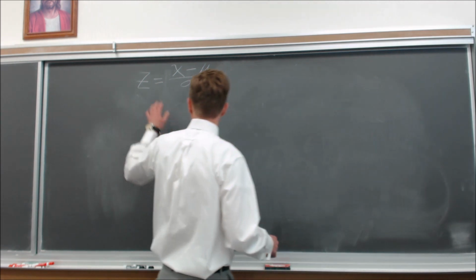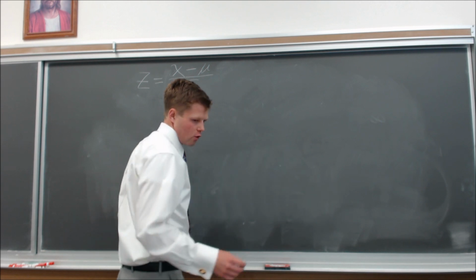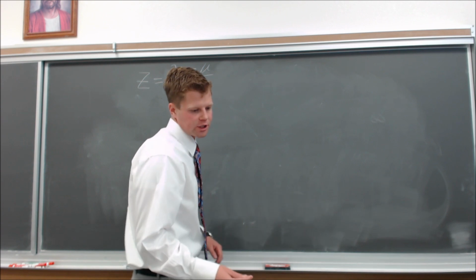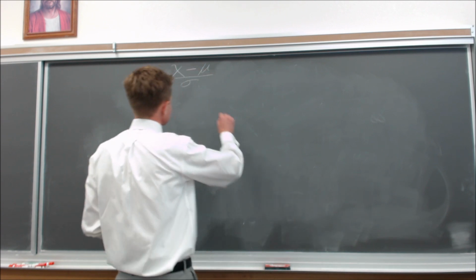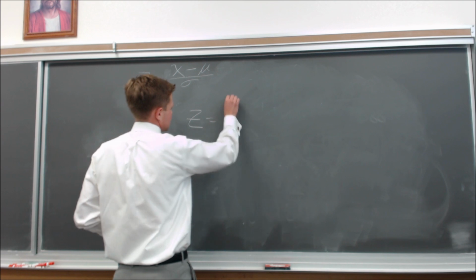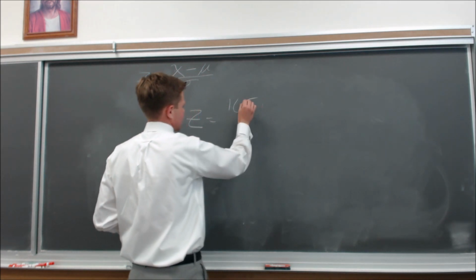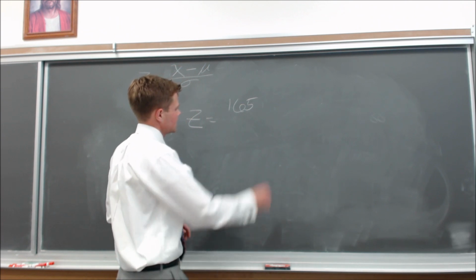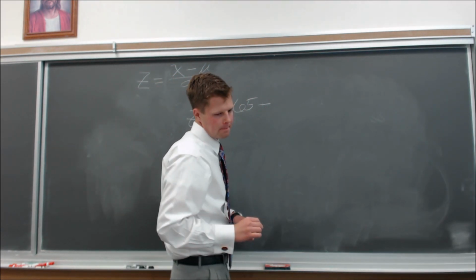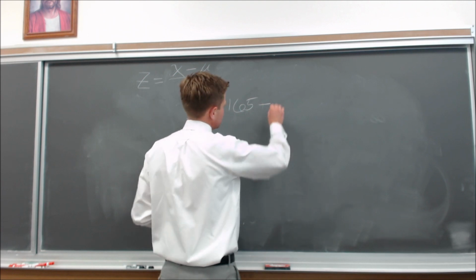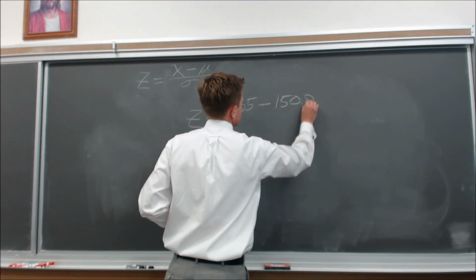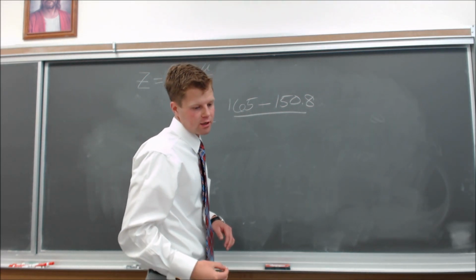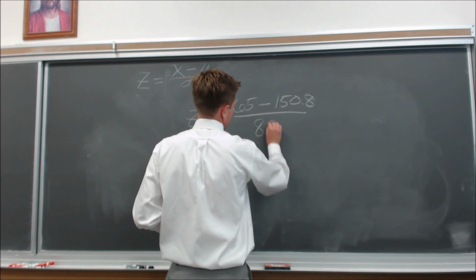If you remember our z-score formula up here, we're going to use that to solve this question. Our 165 is the observed score that we're going to be testing, minus the mean, mu, which was 150.8, divided by the population standard deviation, which they told us was 8.8.